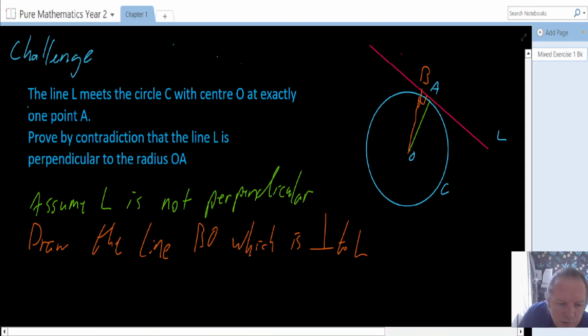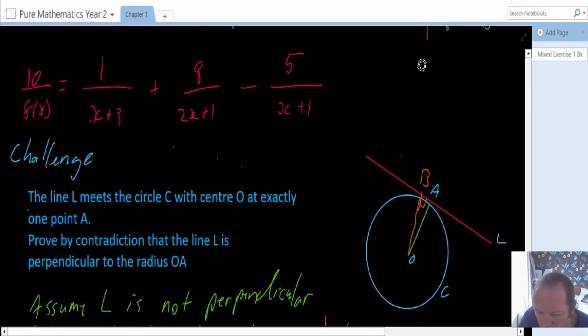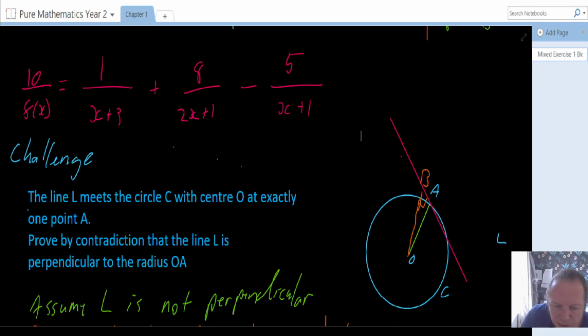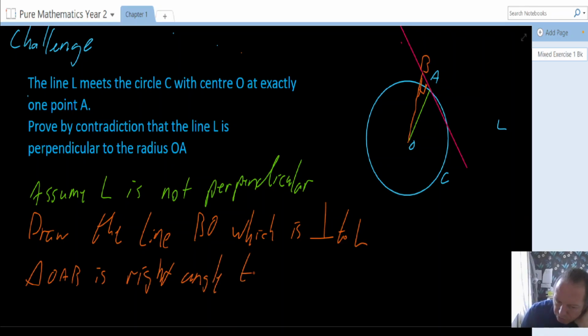With that drawn in, you can see that we're saying that one is perpendicular. I'm drawing it large so that you can see it, making the angles quite large. So that is a right angle, so triangle OAB is a right angle triangle.